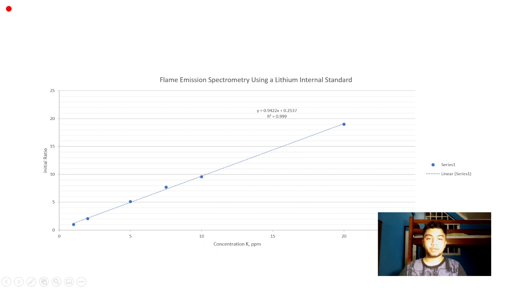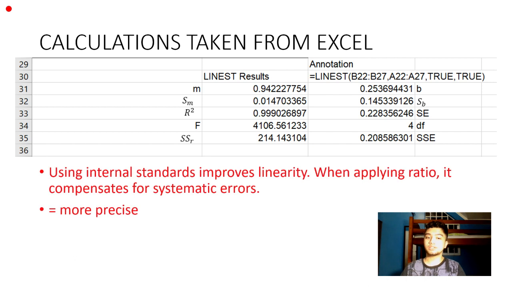So, for the question, why does the linearity improve with an internal standard? Here is the answer. Using internal standards improves linearity. Why do I say this? Because when applying it, the ratio compensates for the systematic errors.